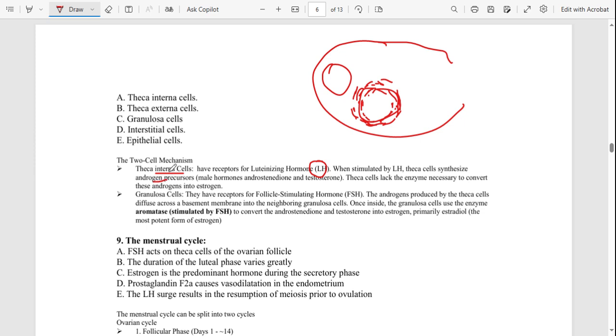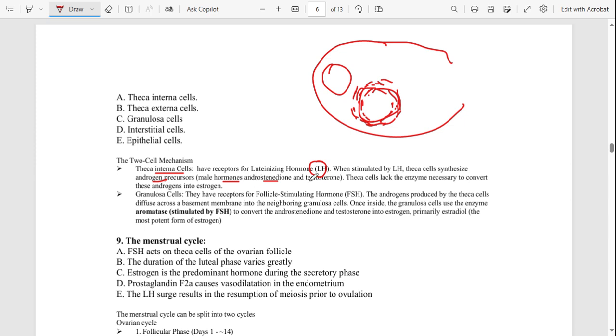Specifically, the theca interna cells will make the male androgens. Okay, specifically which ones? Androstenedione and also testosterone.